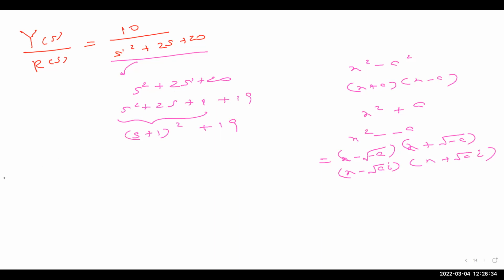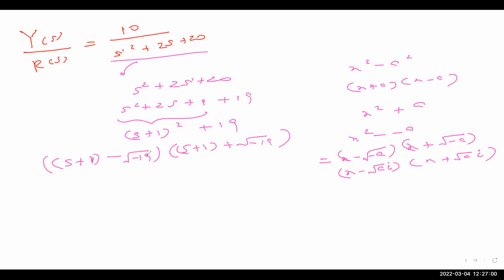We can write this as s plus 1 minus the square root of minus 19, and s plus 1 plus the square root of minus 19.